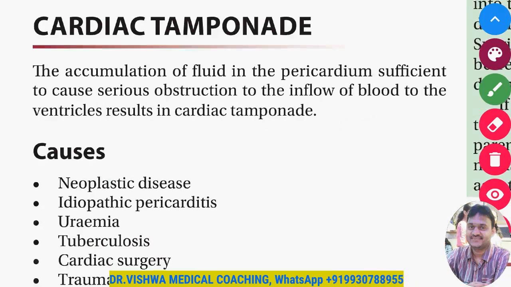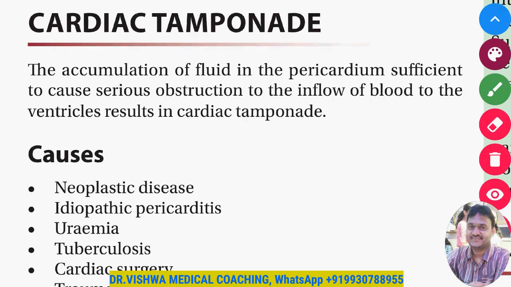The same thing, if it is very excessive, can compress the heart from all sides, which will lead to a cardiac tamponade. Cardiac tamponade is a condition where the myocardium is getting compressed from all sides because of pericardial fluid that is accumulated in the pericardial space.